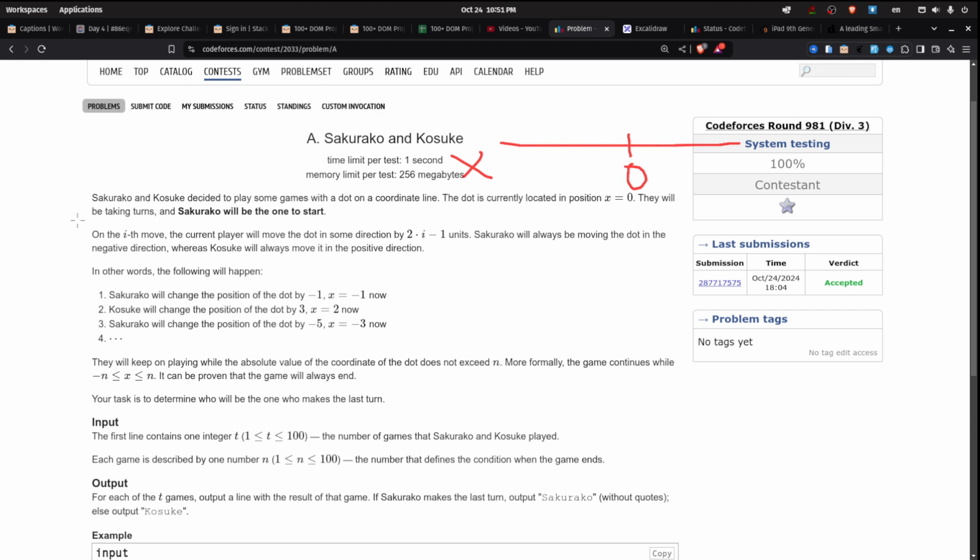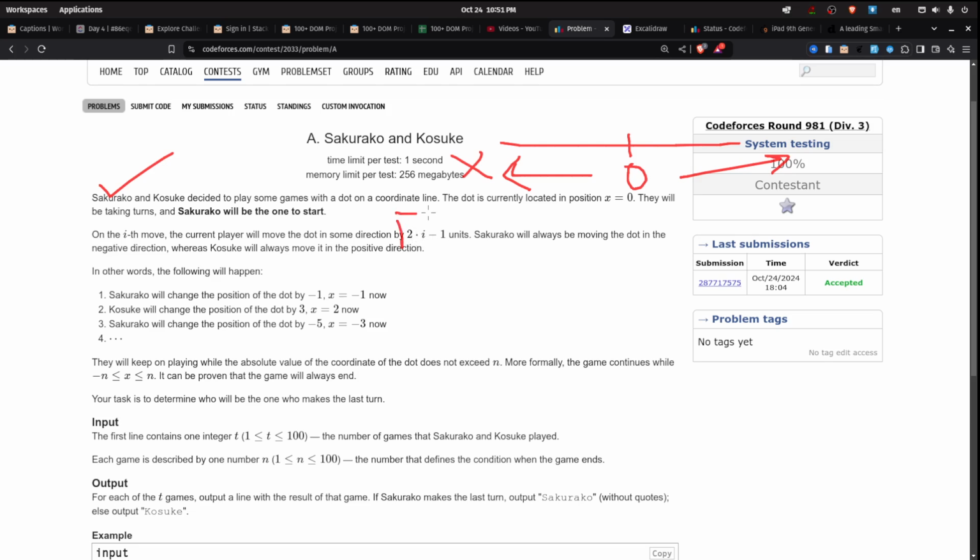They will be taking turns, and Sakurako will be the first one to start. There are two people total, Sakurako and Kosuke, so she will start first. After that, it says on the ith move, the current player will move the dot in some direction, left or right, by 2 times i minus 1 units.